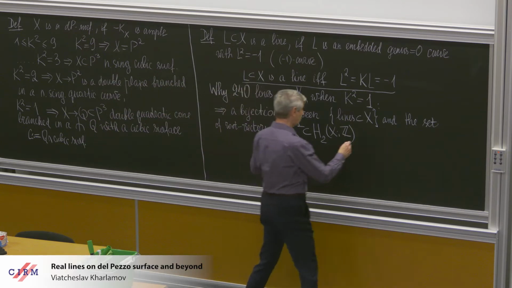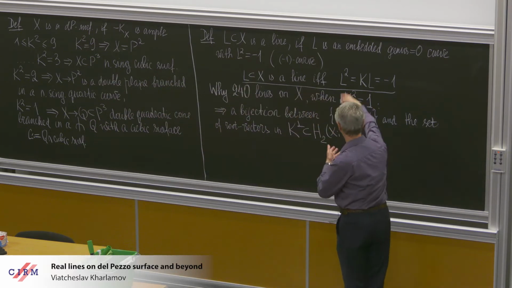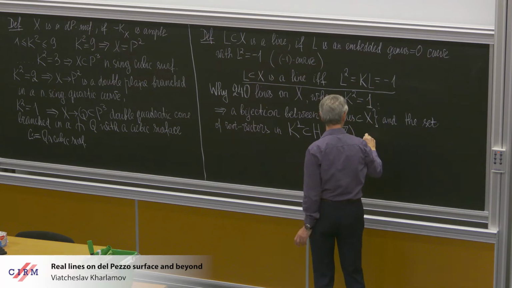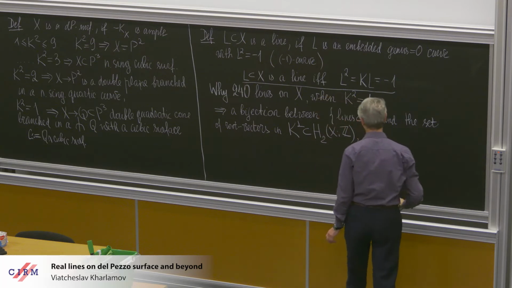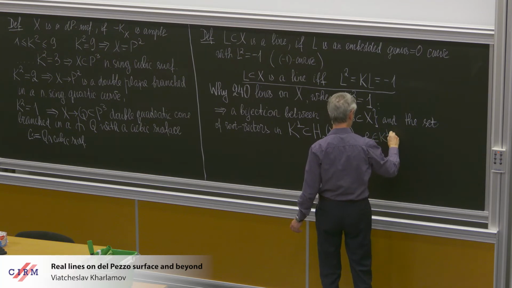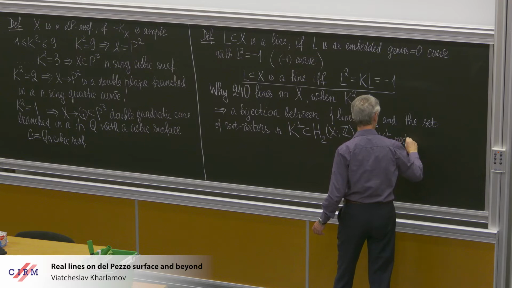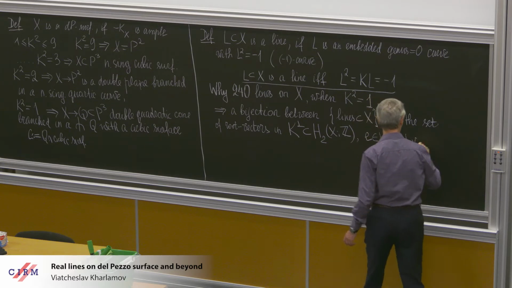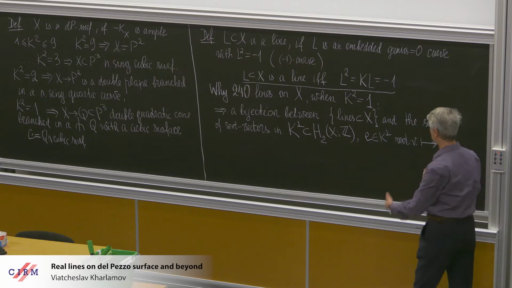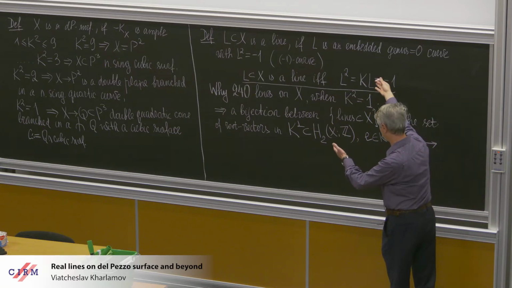This correspondence is straightforward: when you have a root E, you can build from this root a divisor which defines a line.